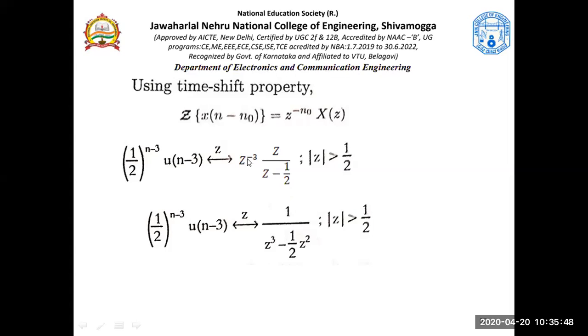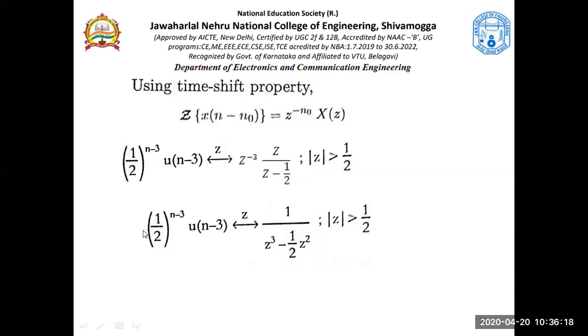When it is 1 by Z cube, this Z and that Z cube, if you cancel the one Z in Z cube, it would become 1 by Z square. So the Z square is being multiplied to the denominator. Understand that? So it is Z cube minus half Z square. So this would still be the same.